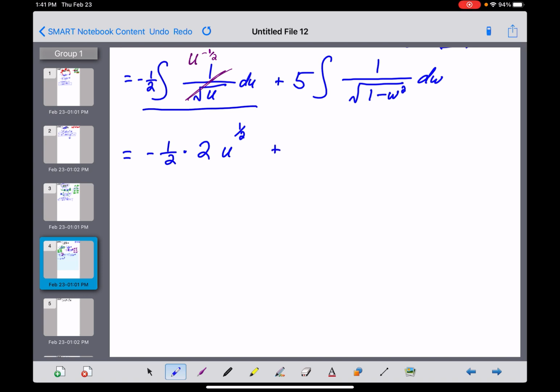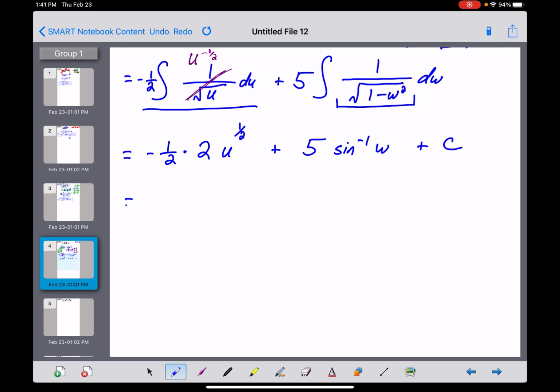And then plus, we've got a 5 here, and I hope we recognized that this integrand is just going to be the derivative of the inverse sine of whatever w is. So 5 inverse sine of w, and of course we need to put a plus c at the end of that because we're really dealing with two indefinite integrals.